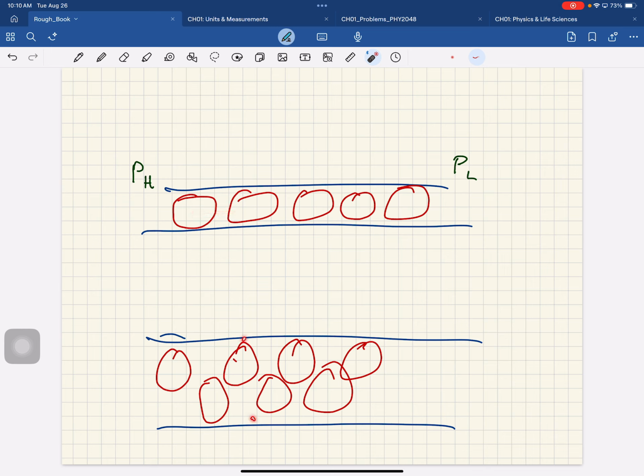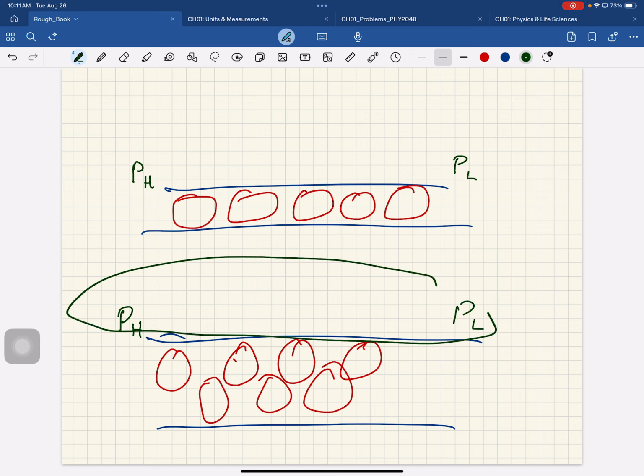If the capillaries were this wide and let's say 1.5 cells could fit through, this pressure difference would have to be a lot higher. When the red blood cells are going single file, it's easier to push through. The pressure difference is not that high.